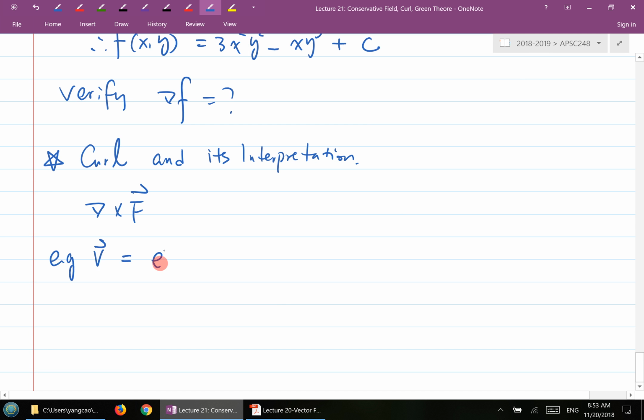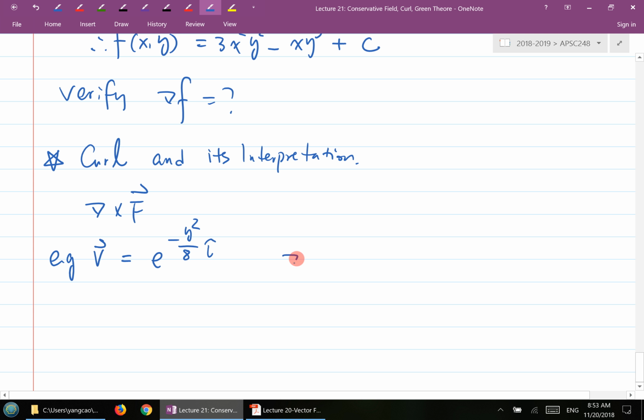Let's say I have a vector field. Here's a vector field v equal to e to the power negative y squared over 8 i hat. So there's not even j hat, just i hat. So there's only an i component for this vector field.